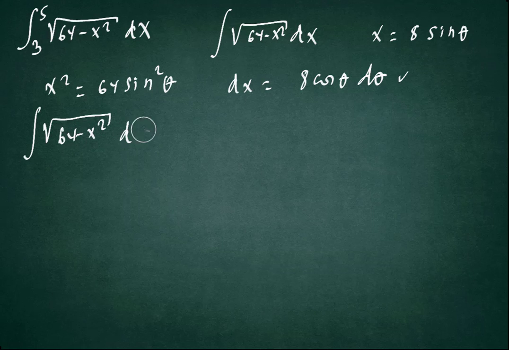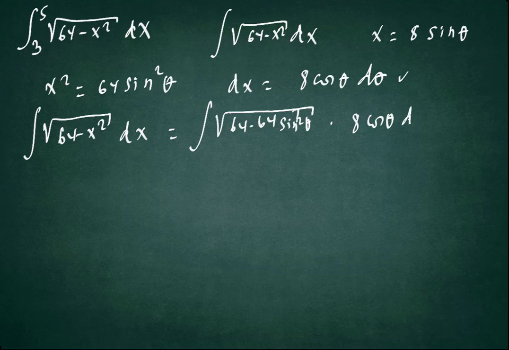So our equation becomes the integral of the square root of 64 minus 64 sine squared theta times 8 cosine theta d theta. Just plugging in, okay? If we go further, we can pull out the 64, it becomes 8.